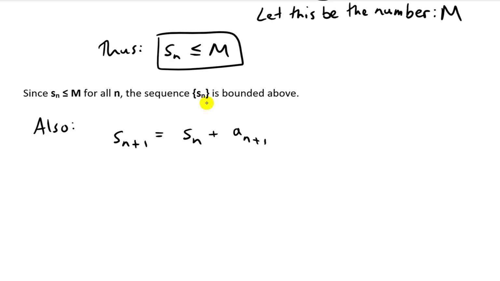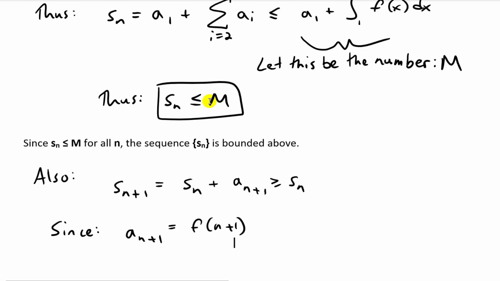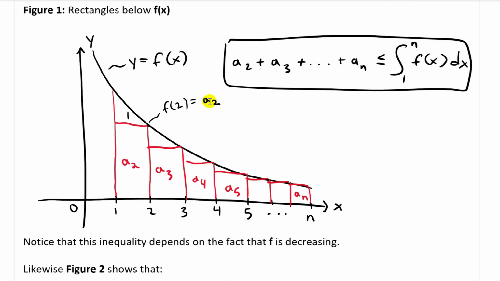Now this is going to be greater than Sn. The reason it's greater than Sn is because we're given that the function f of x is always greater than 0. So since an plus 1 is equal to f of n plus 1, from the rectangles, notice over here that f2 is equal to a2.